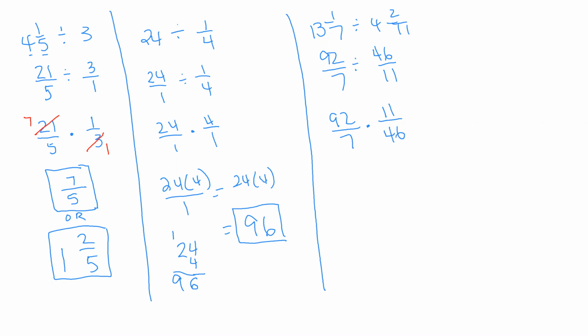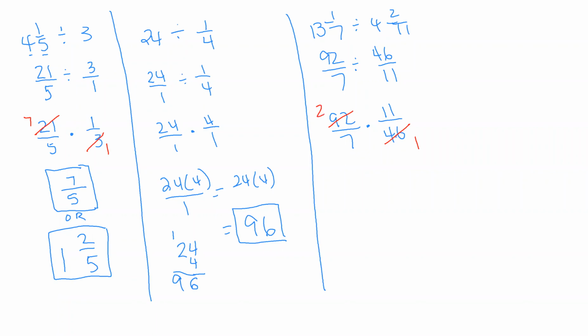Now, as far as the 92 and 46, that could be somewhat difficult for some of you to divide out. So what I would do is start looking at 46. What are numbers that go into 46? Okay, 46, does that go into 92? It just so happens that 46 and 92 are both divisible by 46. 46 goes into itself once. 92 divided by 46 is 2.